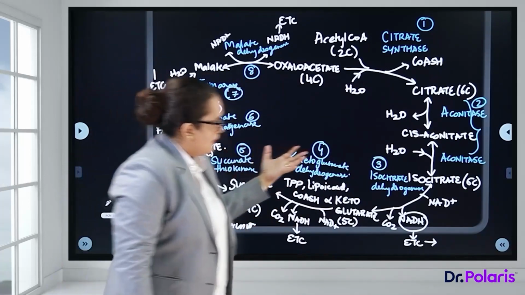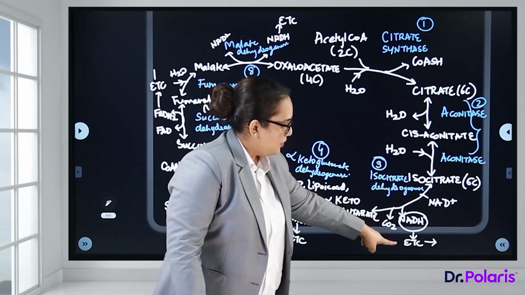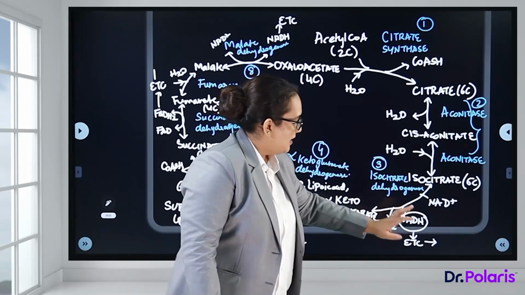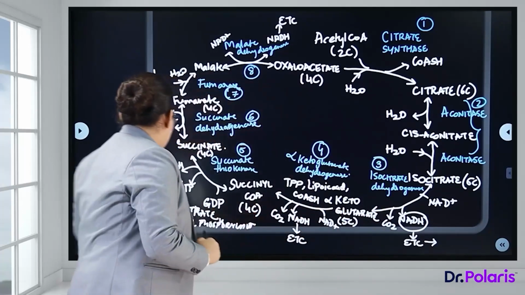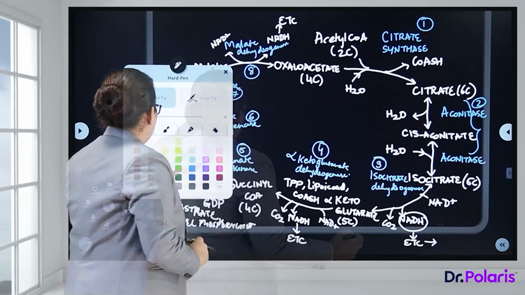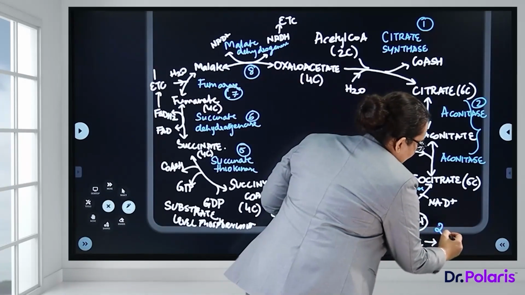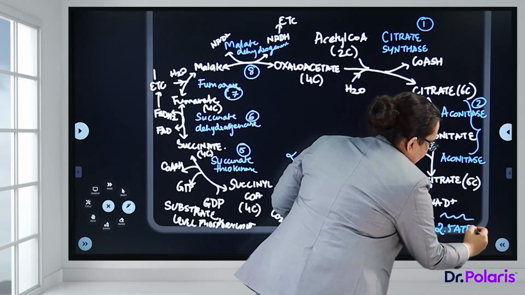Now we'll see step number 3. You have NADH produced over here, which enters into the electron transport chain and produces energy. As I've said, one molecule of NADH produces 2.5 ATP. So I'll write 2.5 ATP over here.